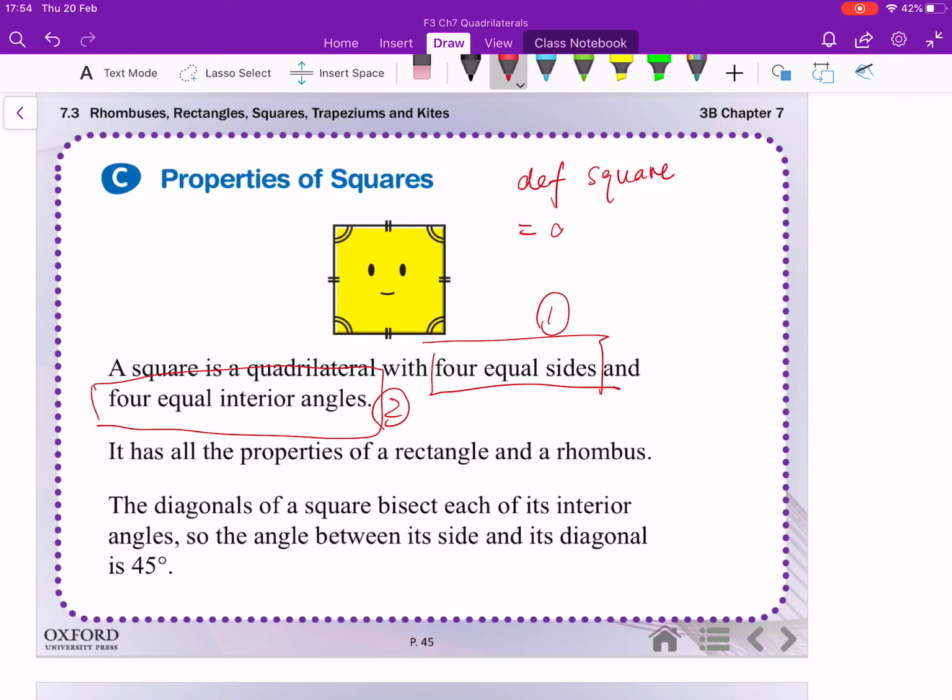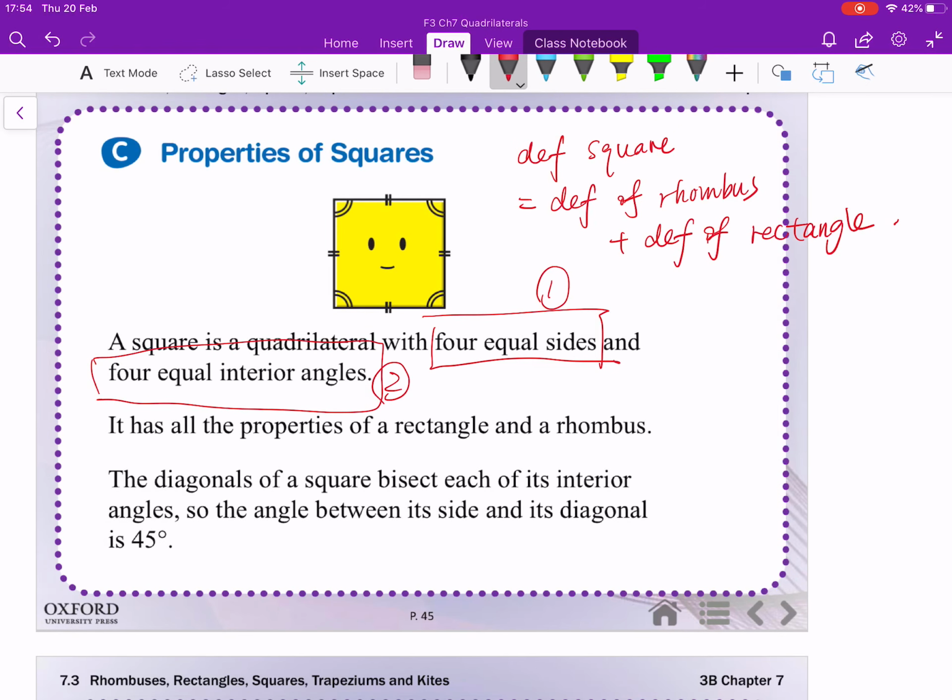Actually, we combine the definition of rhombus and the definition of rectangle, and it becomes the definition of square. So we can see that square is a kind of rhombus, or we can say that square is a kind of rectangle.